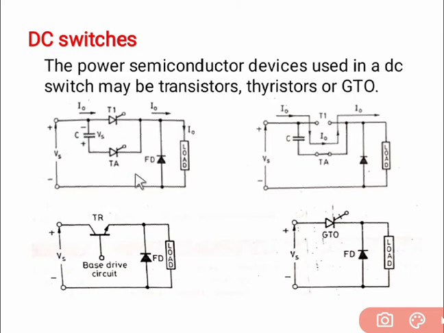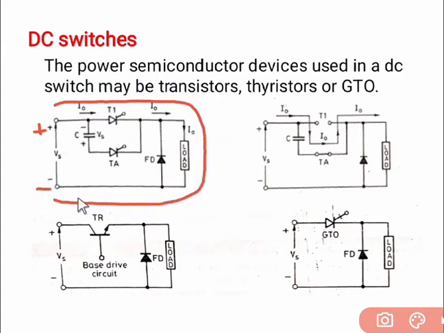If we connect the circuit in this manner, the load is connected with a combination of two parallel thyristors and one voltage source Vs. Its positive terminal is this, and this is the negative terminal. Assume the thyristor is fired and conducting current from source to the load to the negative. So current is flowing from source through thyristor T1 to the load.